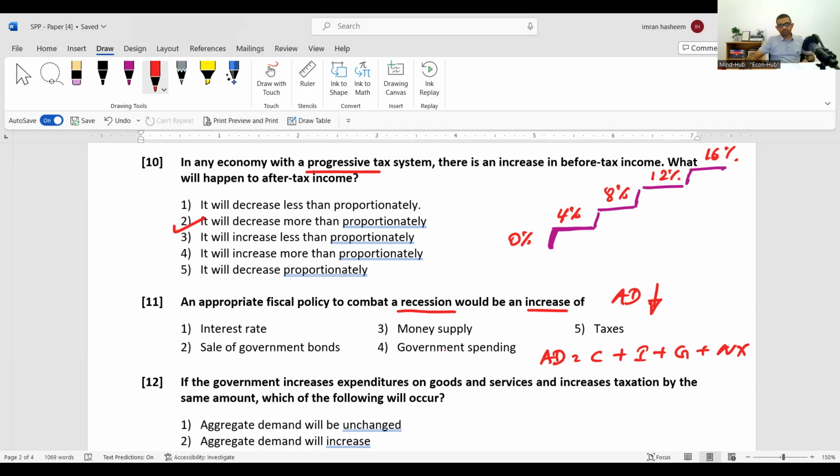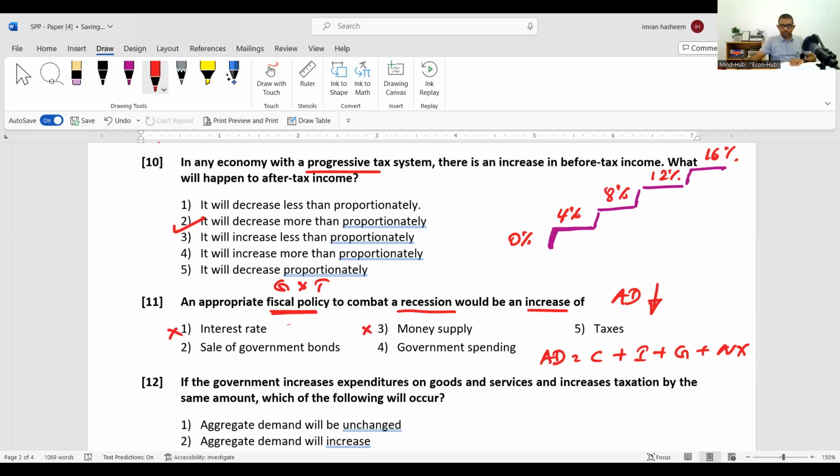But the point is, that's not correct, because they are asking for fiscal policy. Fiscal policy is mainly about G and T, government expenditure and taxes. Money supply and interest rates are monetary policy. The first one and the second one are both monetary policy, not fiscal policy.